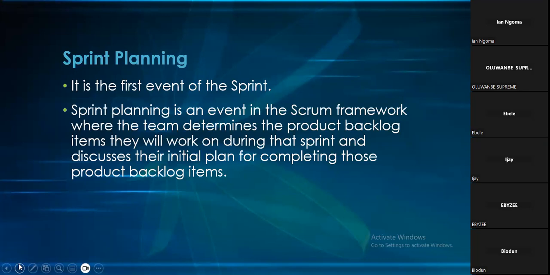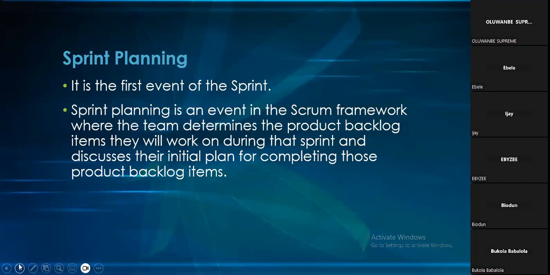It can be features, it can be an enhancement, it can be anything, all the things we think we want to do on a particular project is kept in the product backlog. So we refer to them as product backlog items, PBI. So anytime you hear me say PBI, I'm saying product backlog items.